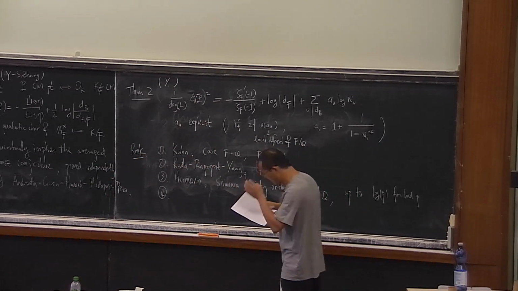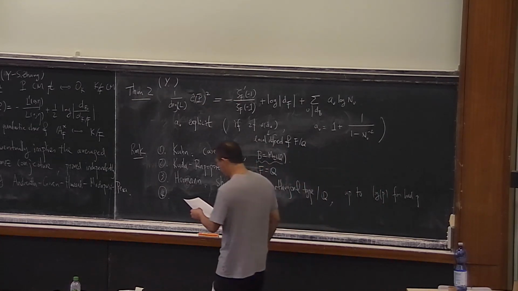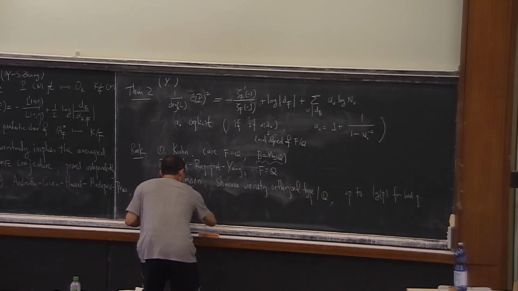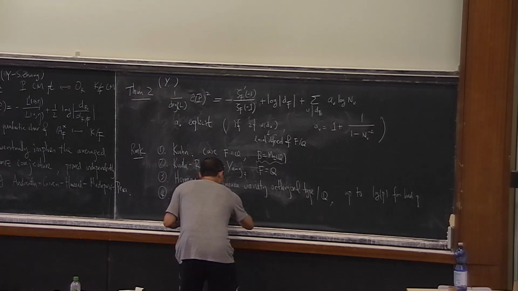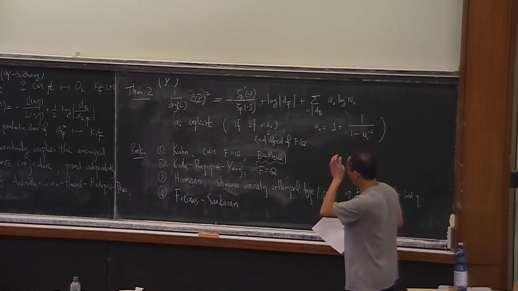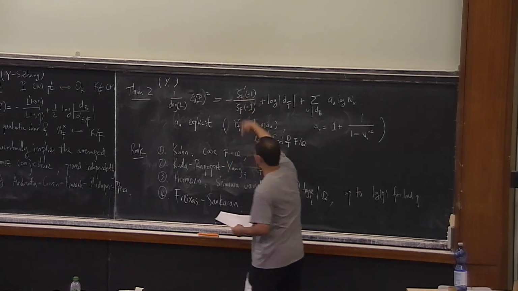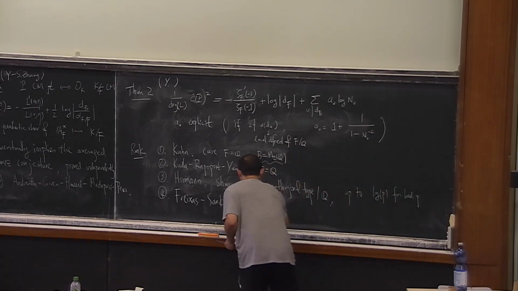The last one I want to mention is a different approach by Fricks and Sankaran. Their work is really a comparison of this formula to another formula over a Hilbert modular surface.